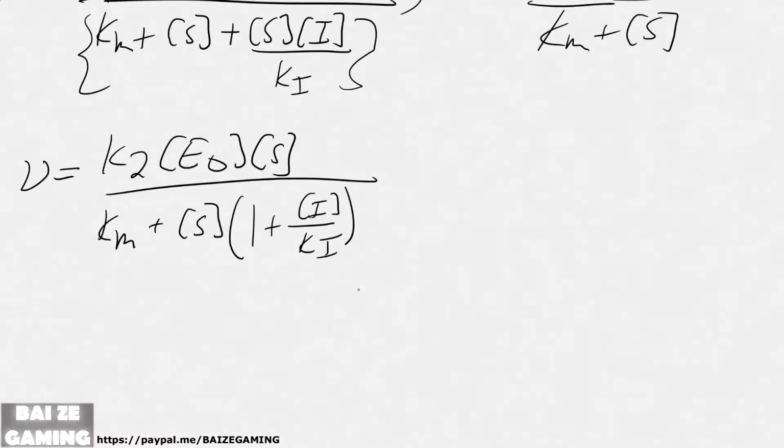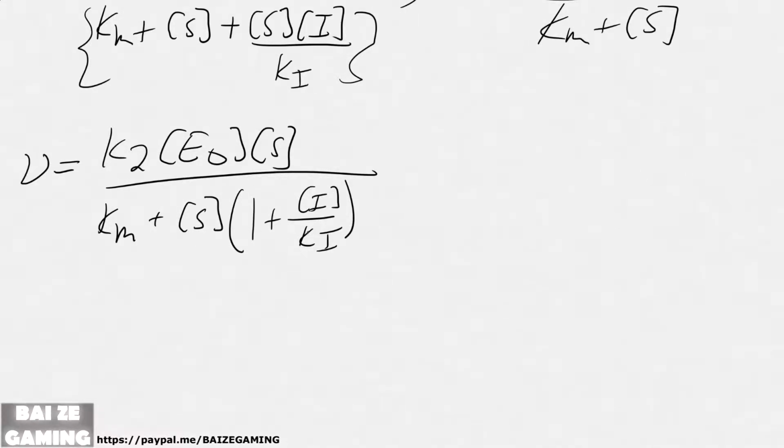And we can actually divide by this. This is just a constant. I is a constant, Ki is a constant. We can just do this.